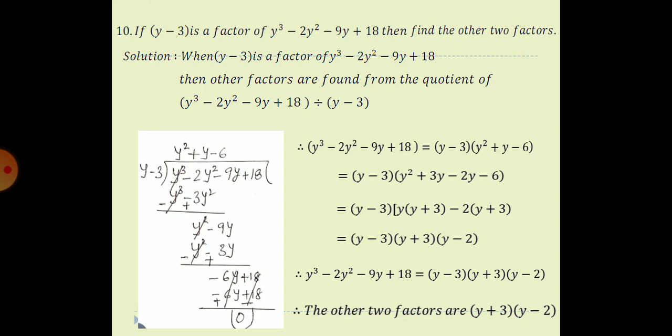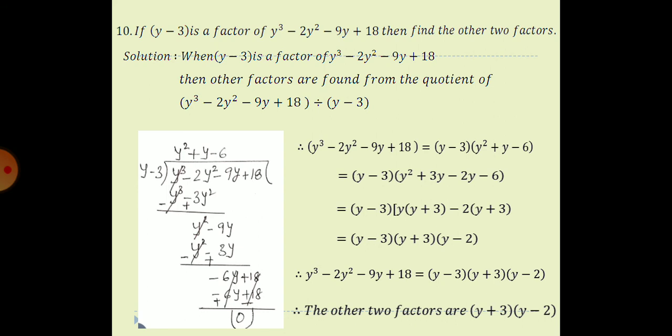Now bring down minus 9y. Again y square divided by y will give you plus y. Now plus y multiplied by y minus 3 gives y square minus 3y. Subtraction: y square minus y square cancels, and minus 9y plus 3y gives us minus 6y.